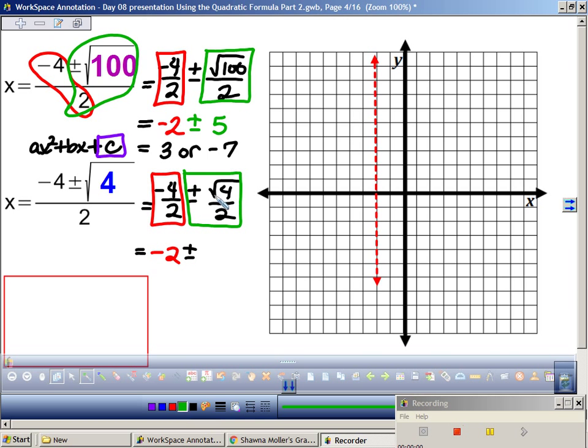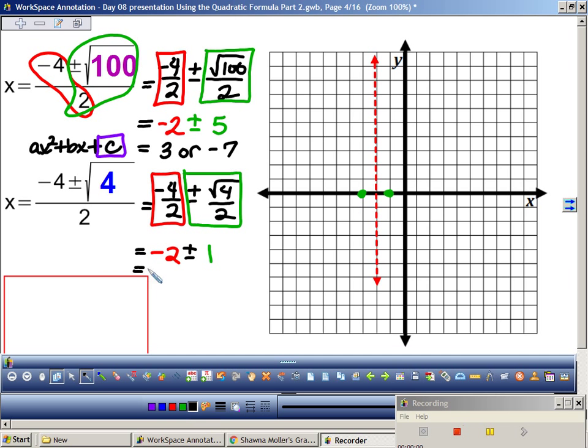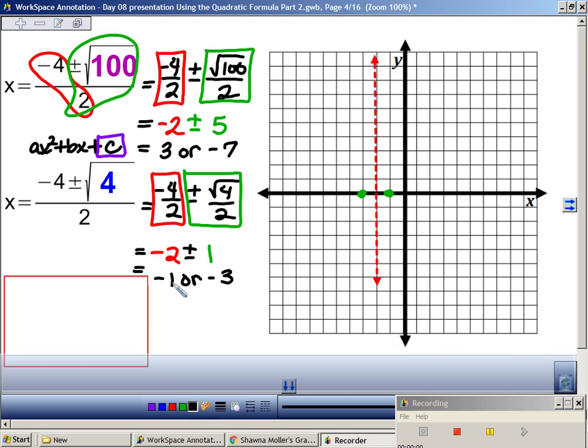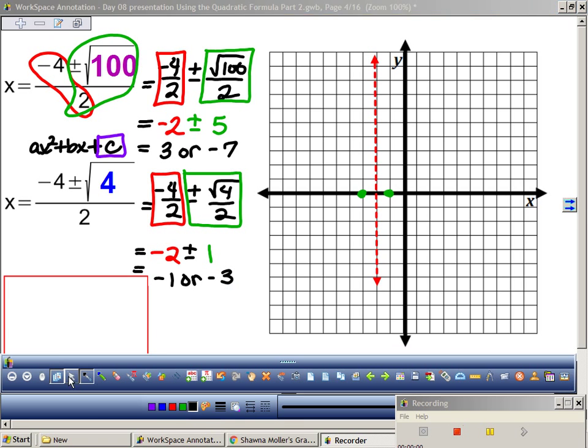If this square root of 4 is 2, and 2 divided by 2 is 1, so I should be able to go over 1 and over 1. So x is going to equal -1 or -3, which is exactly what I have done if I did it algebraically. -2 plus 1 is -1, -2 minus 1 is -3.